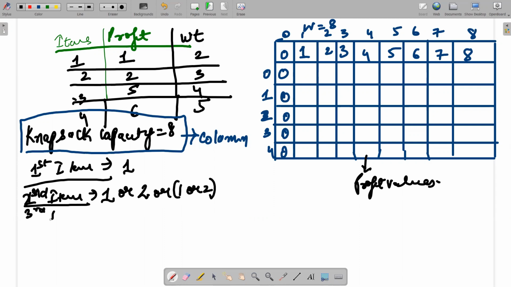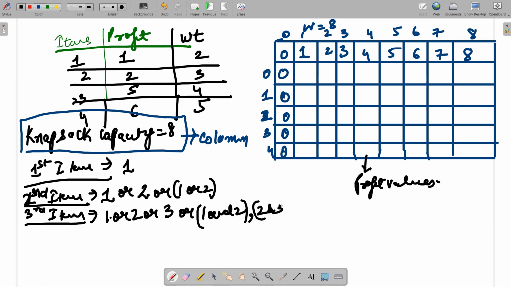Similarly, with the third item, the first two are already in the bag, or it's up to you whether you want to keep the first item, the second item, or the third item, or the first and second together. You can put second and third also, or first and third also.